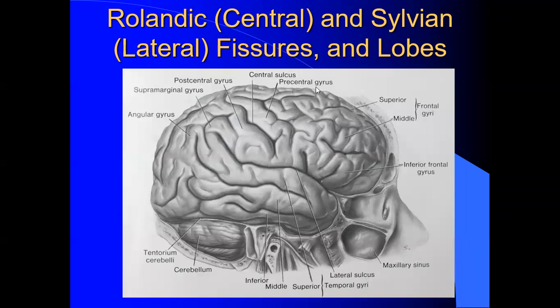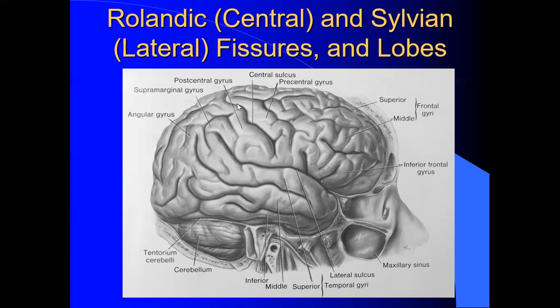Now we're looking at the major fissures. You have the Rolandic fissure and the Sylvian fissure, or the central sulcus, central fissure, whichever you want to call it. These are your guidelines that are going to help us divide the brain into various lobes. So here is your Sylvian fissure, and this is the Rolandic fissure.